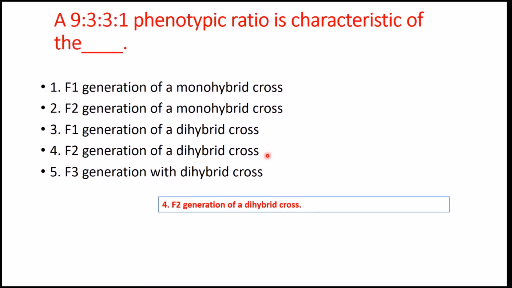The F2 generation results from the cross between 2 heterozygous individuals. Each individual carries 2 different alleles for each of the 2 traits, which results in different combinations of traits, and the possible combinations of alleles lead to the 9:3:3:1 ratio.